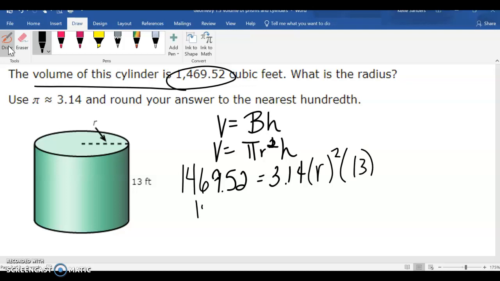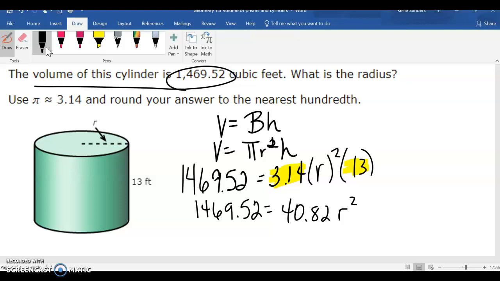Okay, so 1469.52. I'm going to multiply what I can on the right side. So 3.14 times 13 is 40.82 r squared. Now the goal is to get r by itself. Right now the r is being squared, and then we multiply by 40.82.